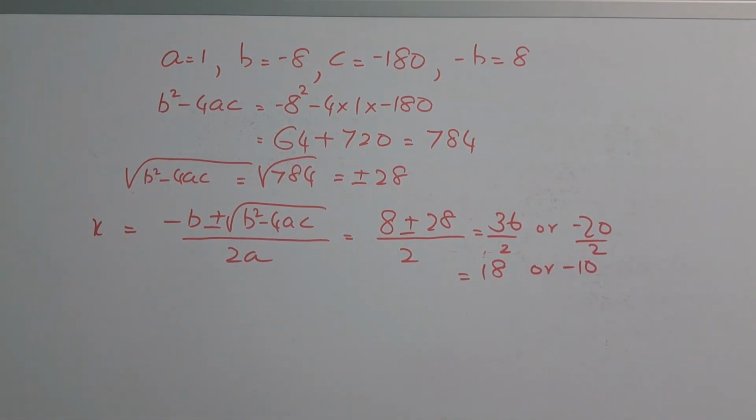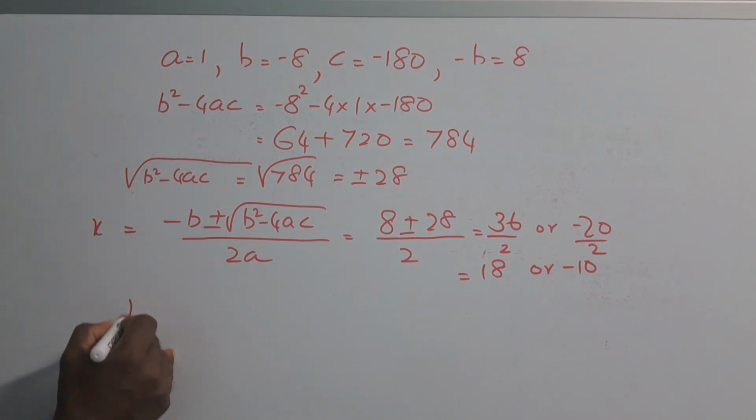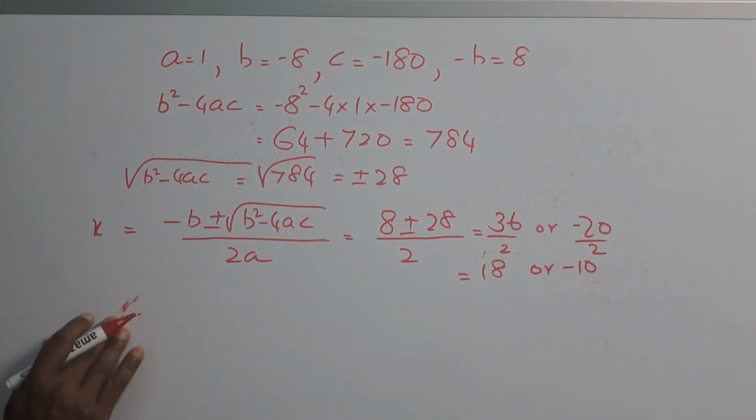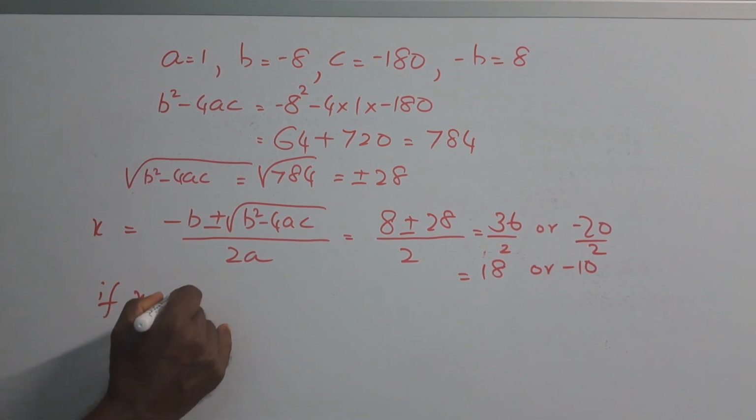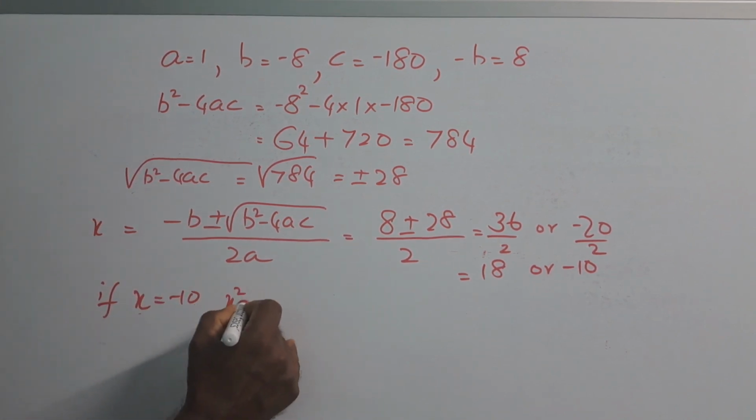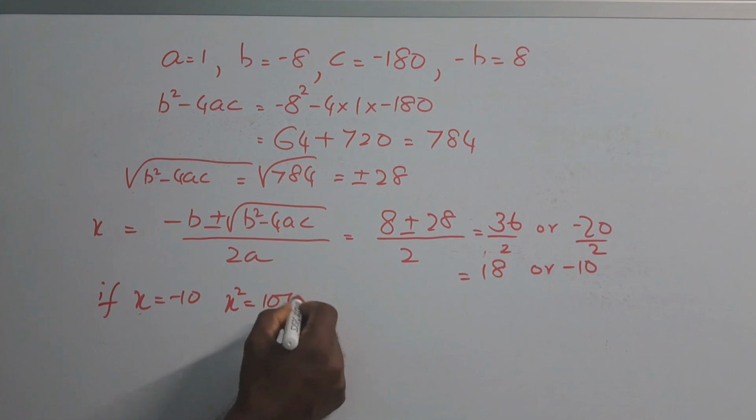If you take x as minus 10, then x square is equal to 100.